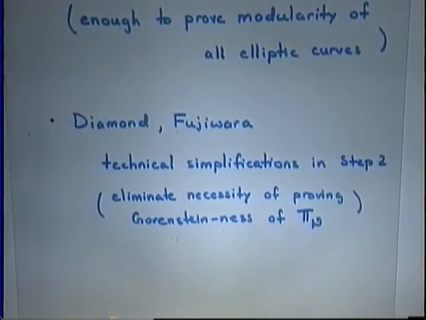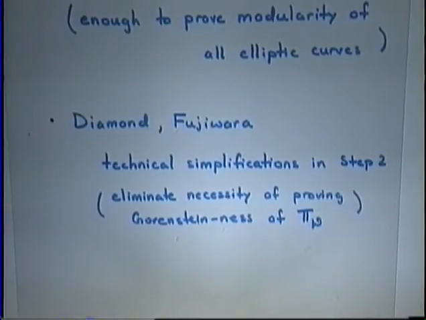There was this condition about being Gorenstein or having multiplicity 1 geometrically. That was originally used in the proof, and now not only is that not needed, it becomes almost a consequence of this method of Diamond and Fujiwara.